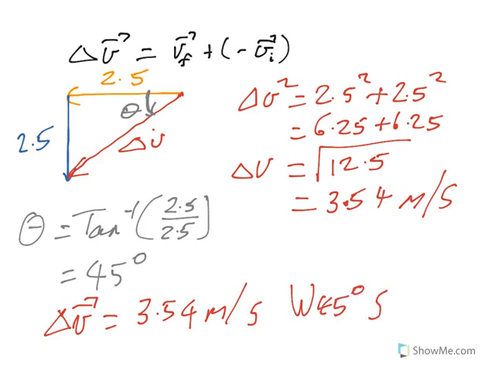It's a little bit of an aside here, that can also be described as south 45 degrees to the west, or southwest. So any of those three is fine. Now let's get back to what we were trying to do.